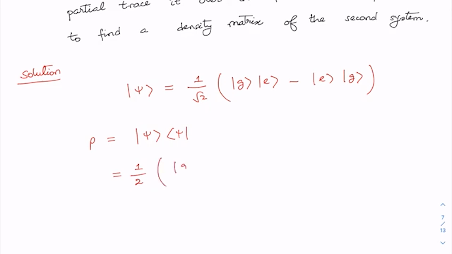Let me write here (|z⟩|e⟩ − |e⟩|z⟩) tensor product with the bra ⟨ψ|, that would be ⟨z|⟨e| − ⟨e|⟨z|.